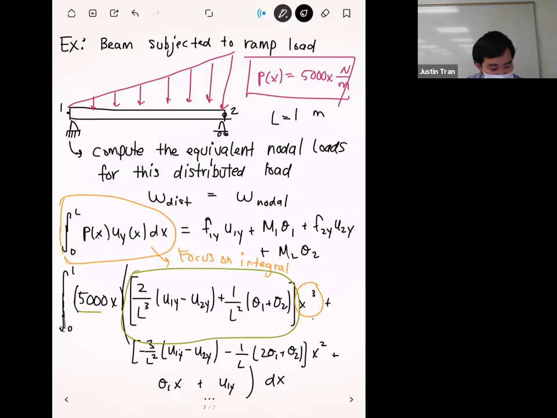I'm going to simplify my writing, because since L is equal to 1, I'm just going to plug that in. So let's evaluate the integral. First thing I'm going to do is pull out the 5,000.